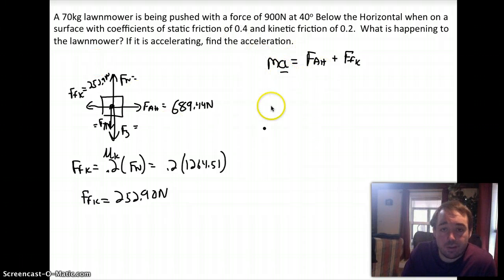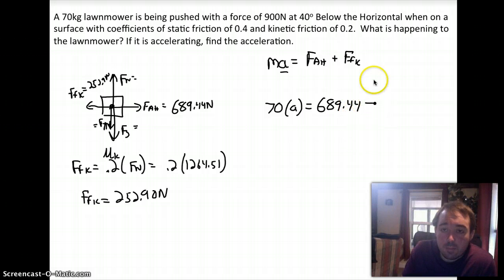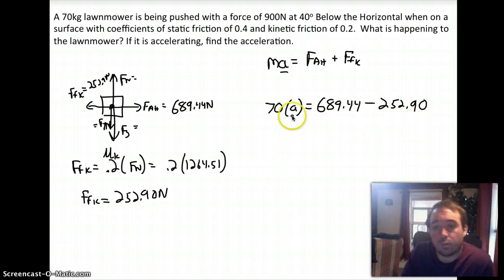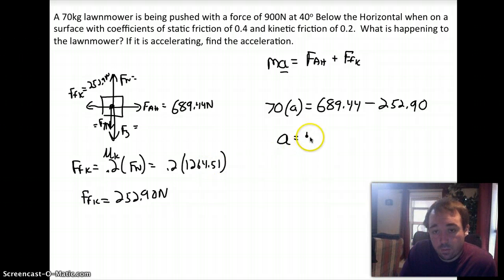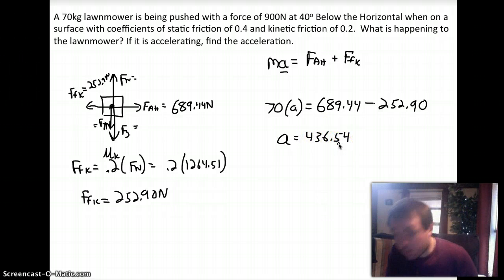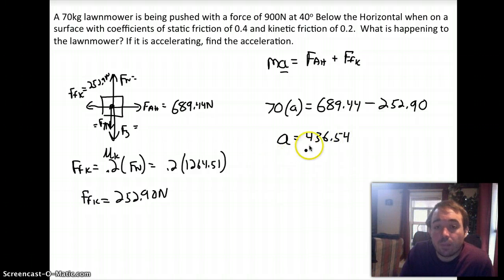So now we're ready to find the acceleration. Our mass, 70, times the acceleration equals FAH, positive 689.44, minus FFK, in the opposite direction, minus 252.90. Solving for acceleration: 689.44 minus 252.9 is 436.54, divided by 70.